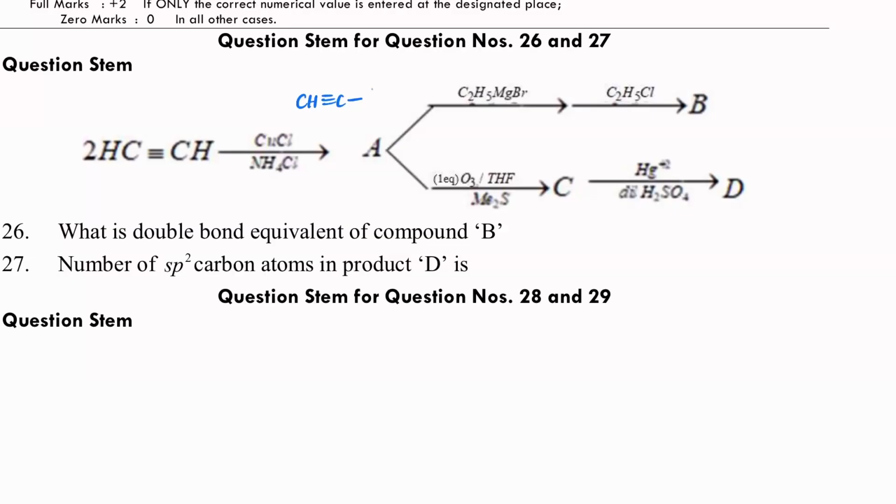So CH triple bond C, then we have CH double bond CH2. So this is compound A.